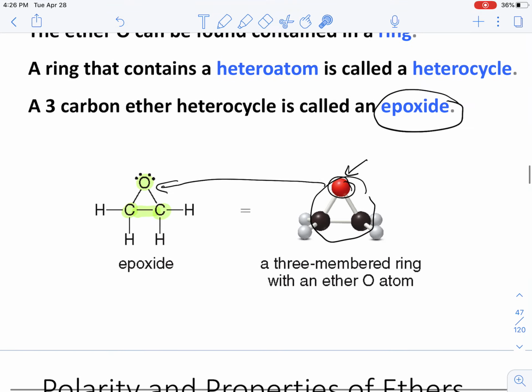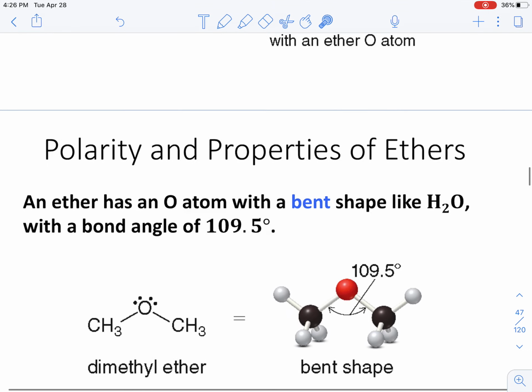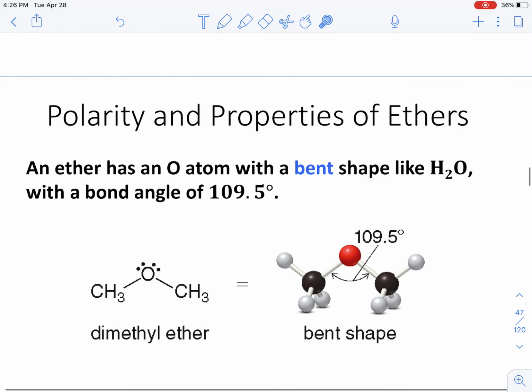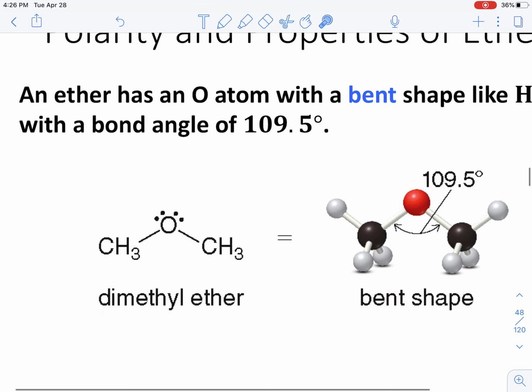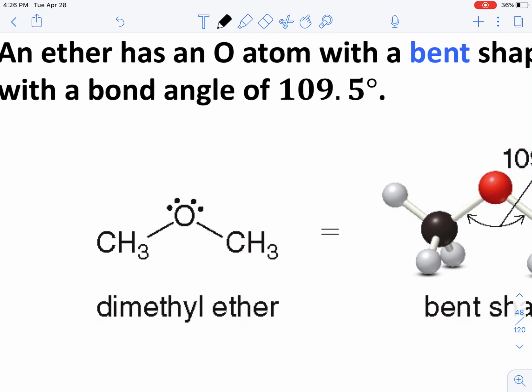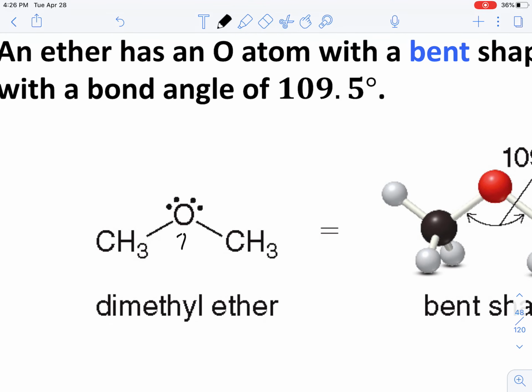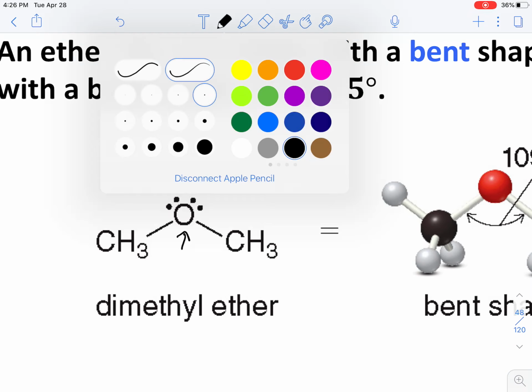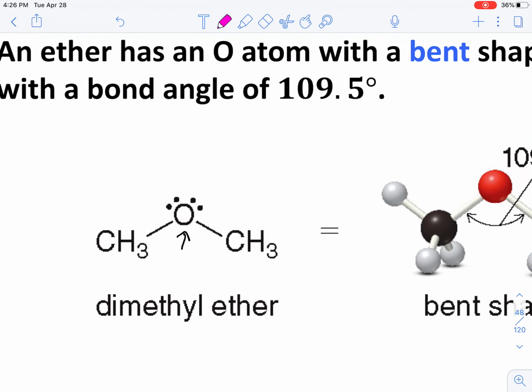All right. And so let's go ahead and discuss the geometry of ethers. Remember that the oxygen, the heteroatom oxygen, must follow the octet rule. And so it must have 8 electrons, whether or not it's shared or if it's owned.